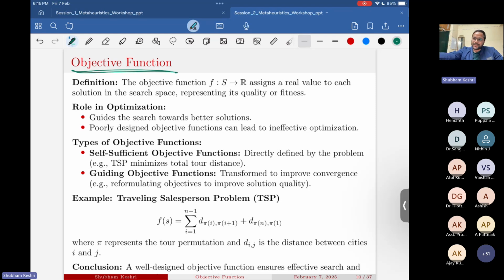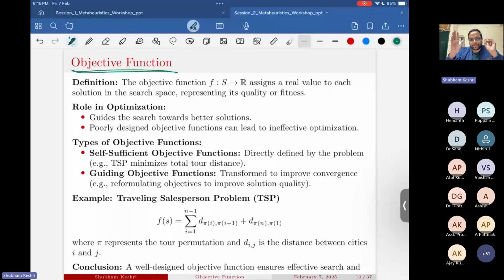So what a metaheuristic does is pick a solution, obtain the objective function of that solution, and then move to another solution which may have an improved objective function. So it moves from one solution to the other. This is how a metaheuristic works, just a broad idea. This is about single solution metaheuristics, not population based metaheuristics.